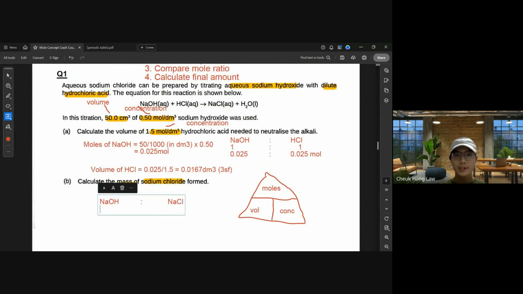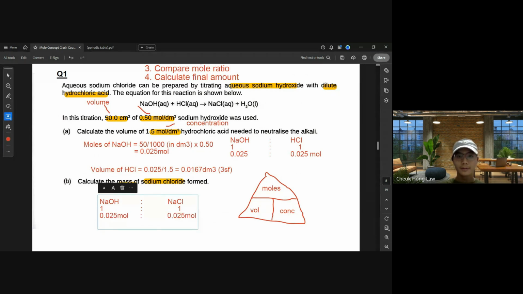So if we look at the equation, 1 mole NaOH to NaCl, it is 1 to 1 also. So this is quite a simple example. All the mole ratio is 1 to 1. But if the mole ratio is like 2 to 1, then you can just divide by 2 to convert.